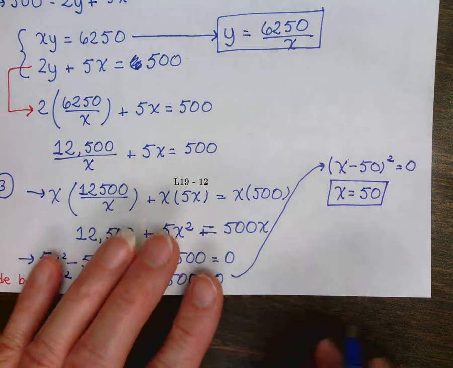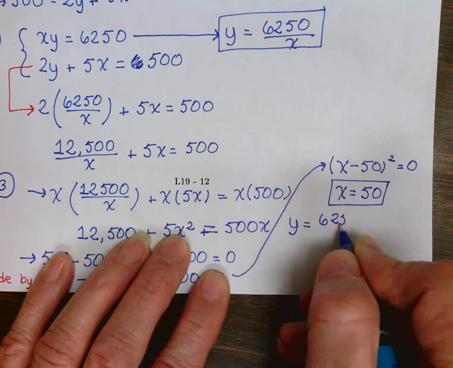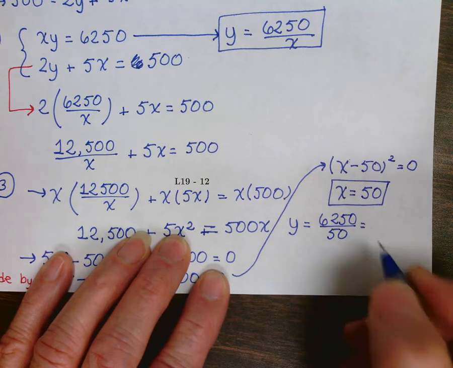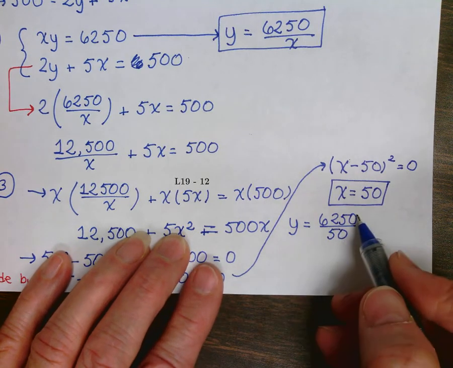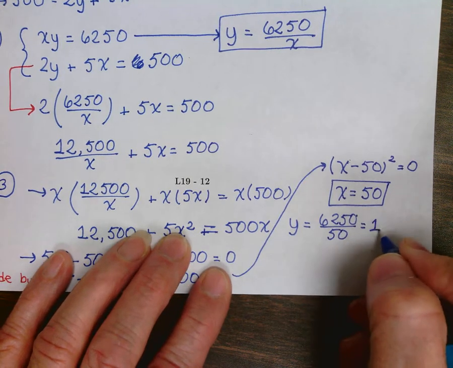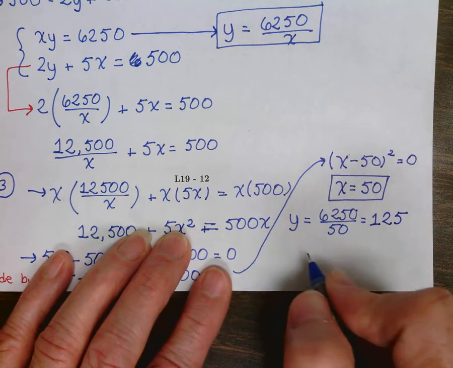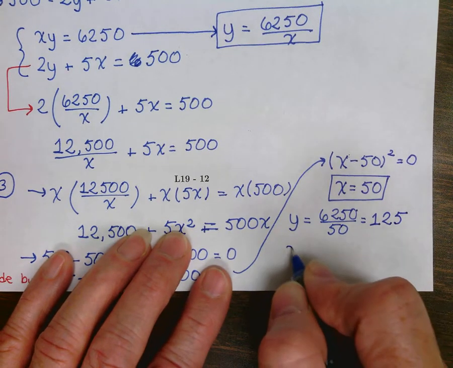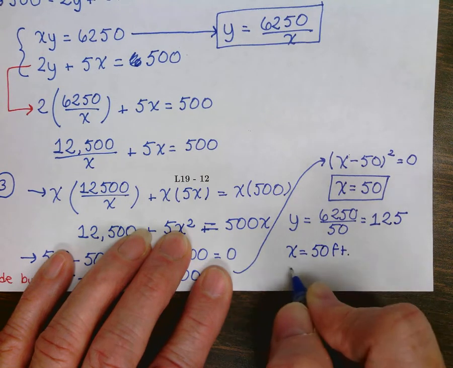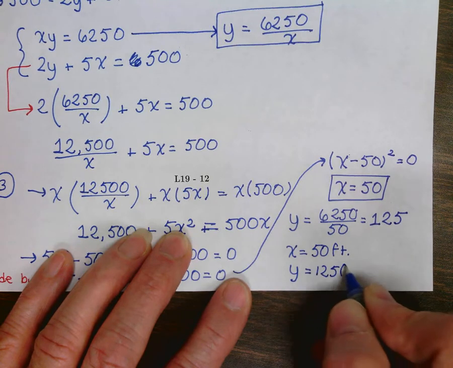If x equals 50, y equals 6250 over 50, which, if you work that out, the zeros cancel, 5 goes into that, it's 125. So x should be 50 feet, and y should equal 125 feet.